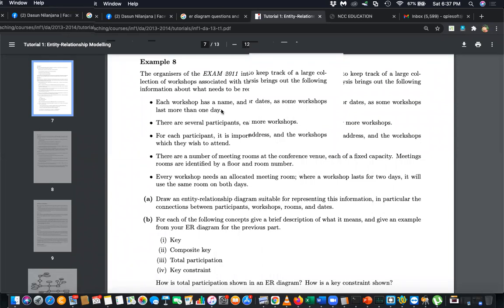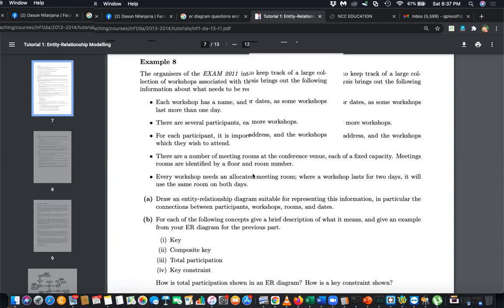So it seems to be a multi-value attribute, right? And workshop seems to be an entity, because it's a noun and it is described. There are several participants, each of which may sign up for one or more workshops. Participant has name, address, and the workshops they want to attend, therefore participant is also an entity.